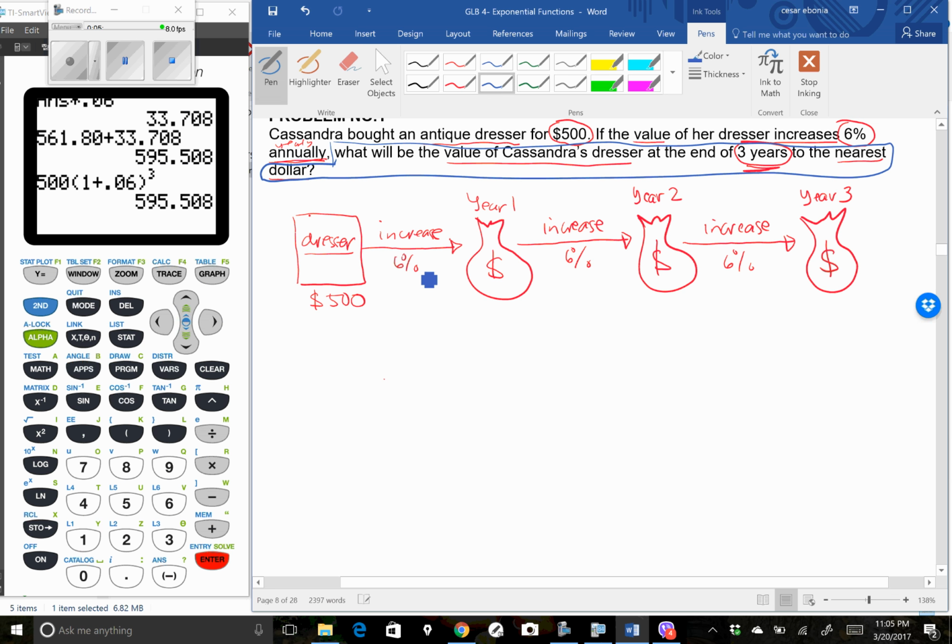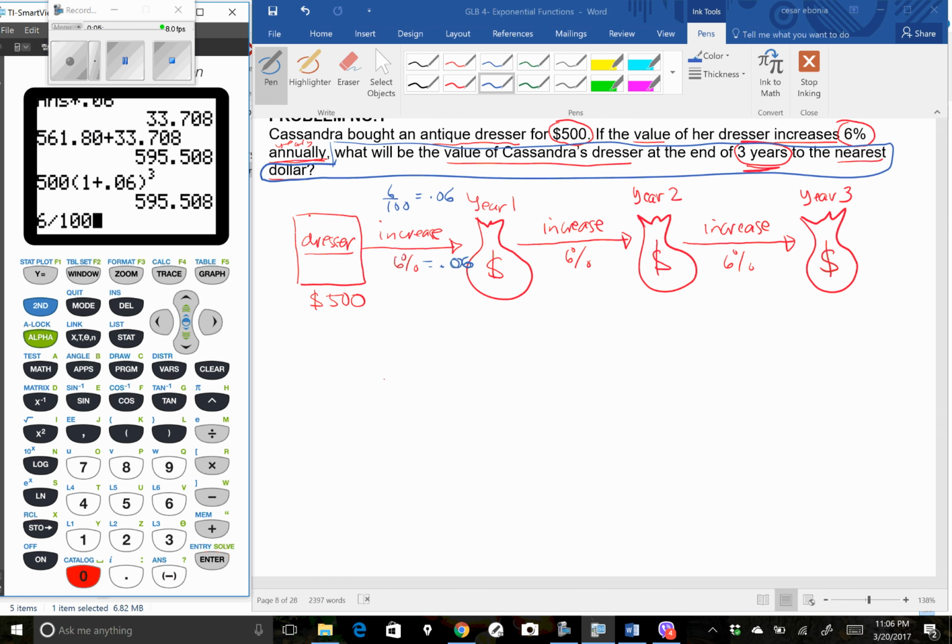Change 6% to a decimal: 6% means 6 per 100, which is 6 divided by 100, that is 0.06. You can do it in the calculator: 6 divided by 100 equals 0.06.